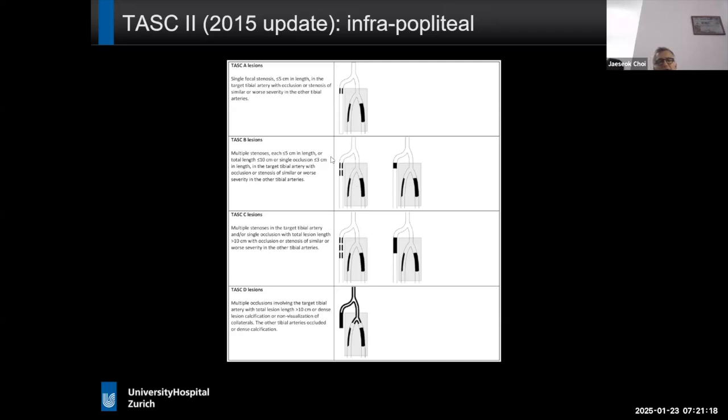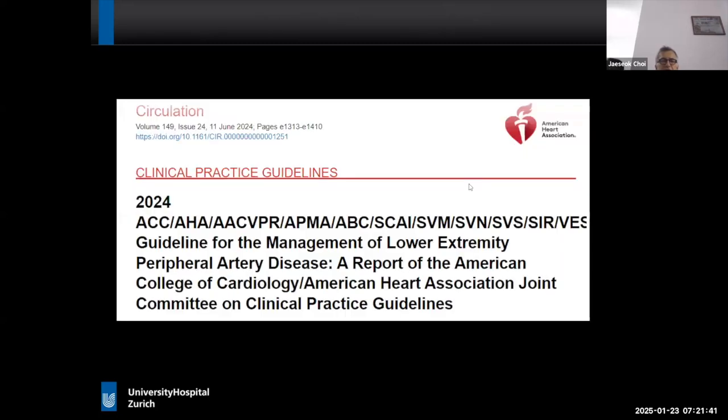And here there's one patent but stenotic artery, the anterior tibial artery, that will be 3 lesions. That means a primary interventional access, while this here will be surgical. Anyway, that patient refused surgery, and so he was referred to us. I'll show the outcome later on.